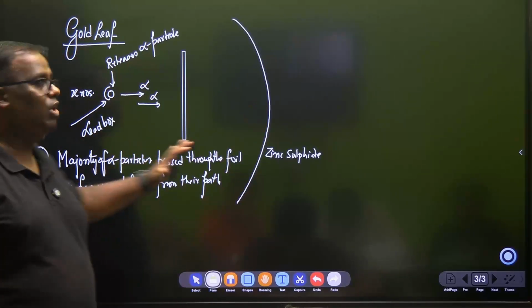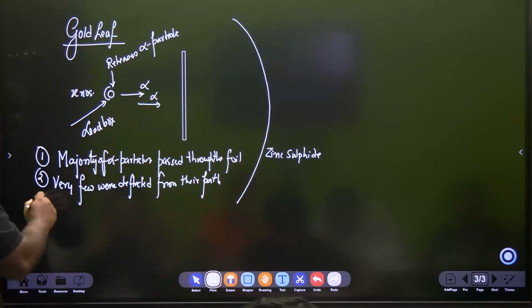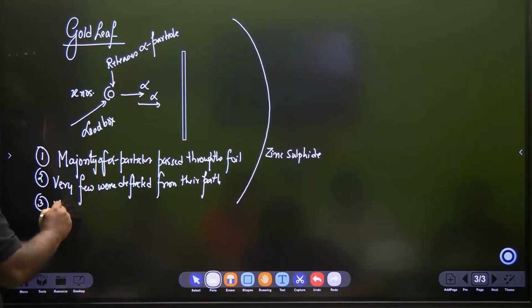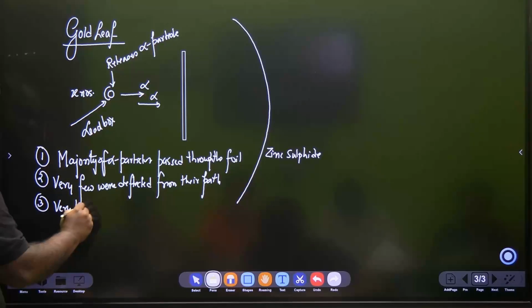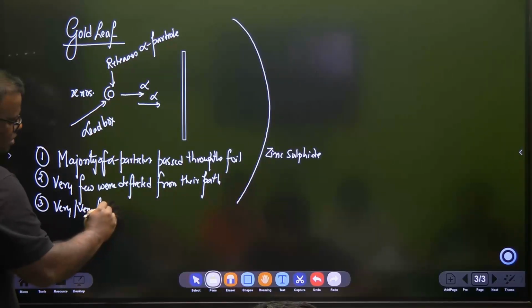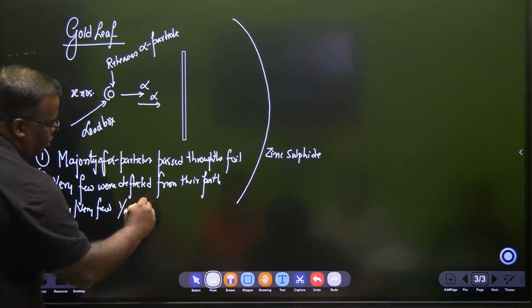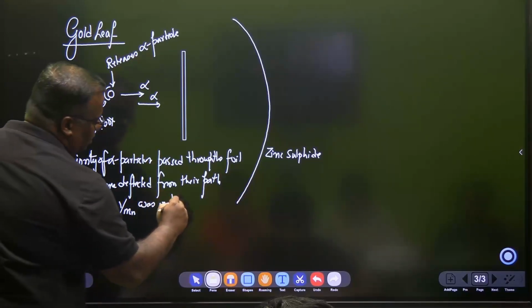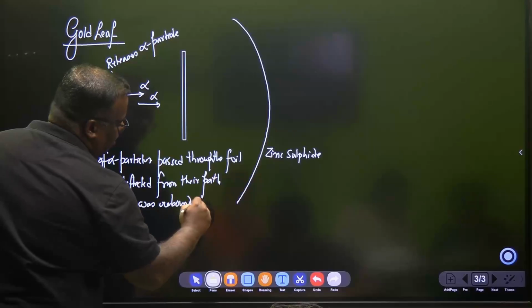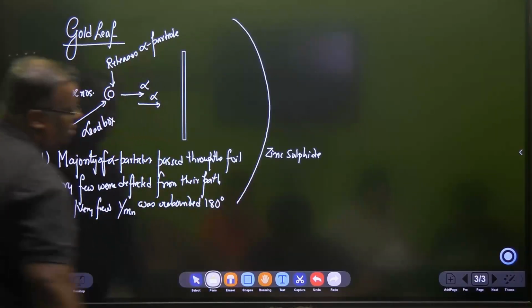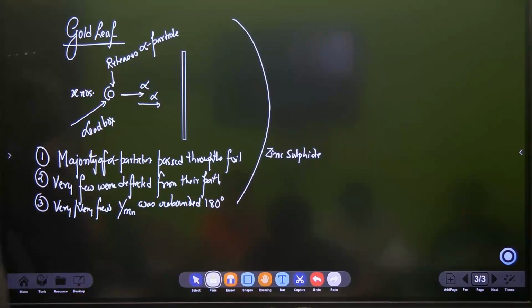A very few got deflected. And the third is, very, very few, something like 1 in a million, was rebounded 180 degrees. These three things you have to understand.